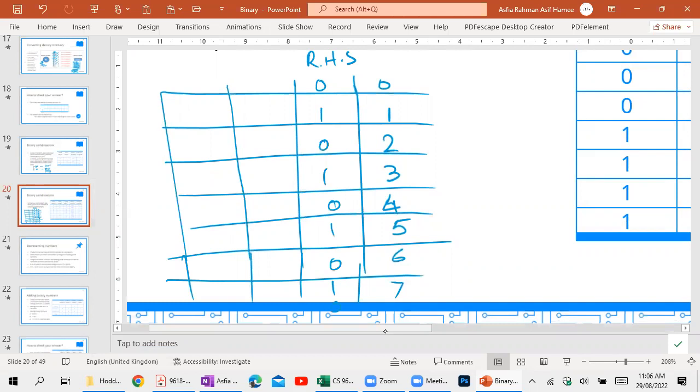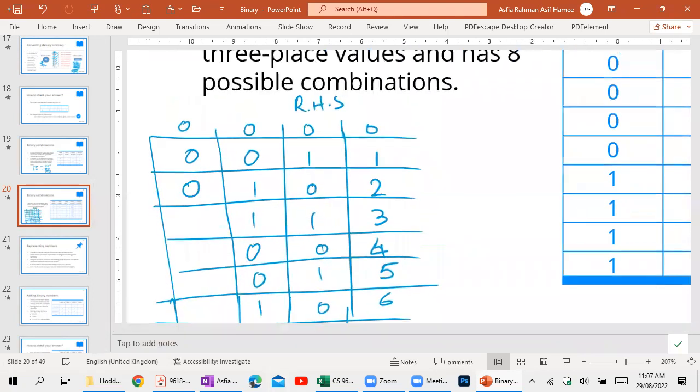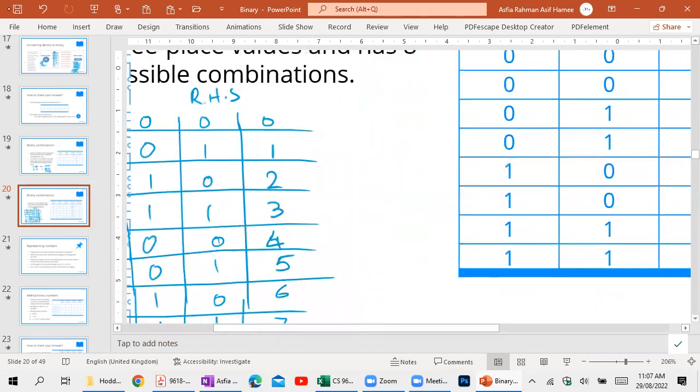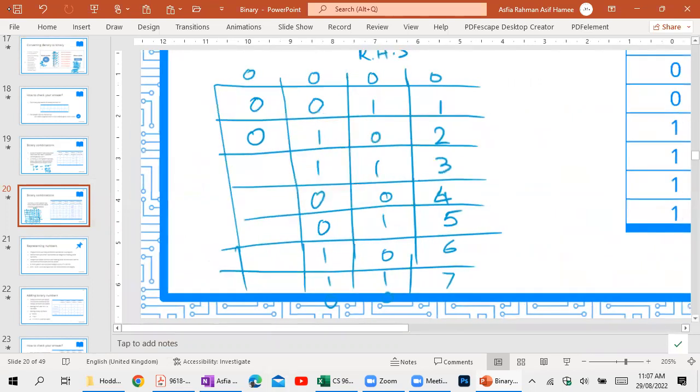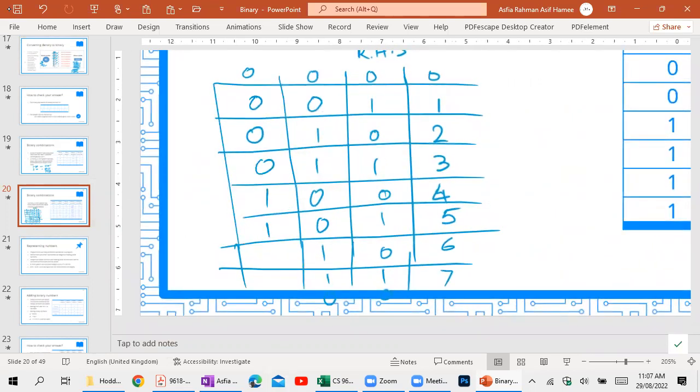When you go to the second bit, you write 2 times 0, 0, 1, 1, 0, 0, 1, 1 and 0. Third, you write it 4 times. We have 2 power 3 combinations, right? So like this. We don't need to write 8. This is 7.